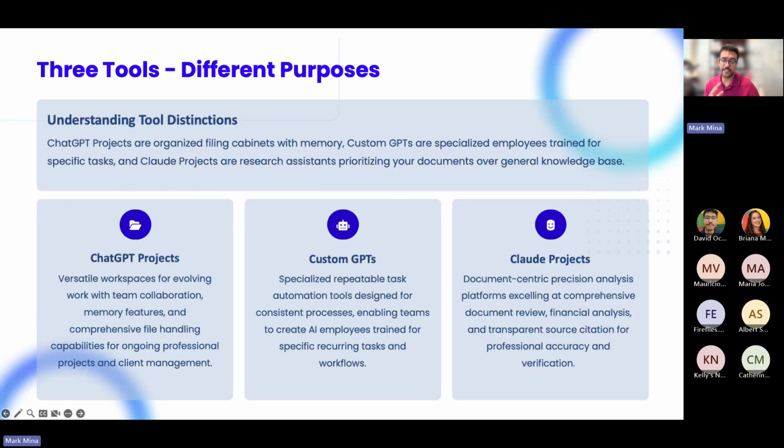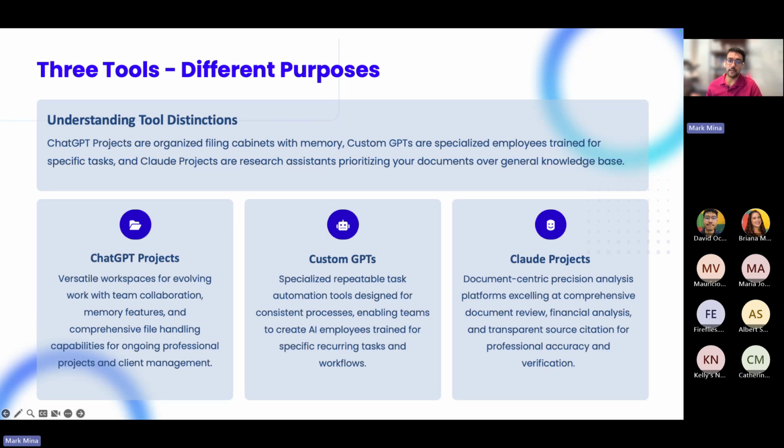So there are 3 different tools we're going to talk about. 2 of them are by OpenAI. One of them is by Anthropic, or Claude. We're going to really take a deep dive into each of them and go over the features, how to use them, when to use them, and the key differentiators.